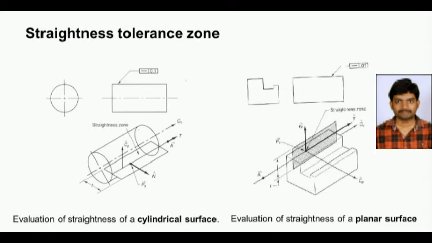Similarly, on flat, planar surfaces, the straightness tolerance is 0.01. That means if you consider a line on this surface, all the variations in the vertical plane should be within this 0.01 millimeter. If that is the case, we say this particular surface is straight.